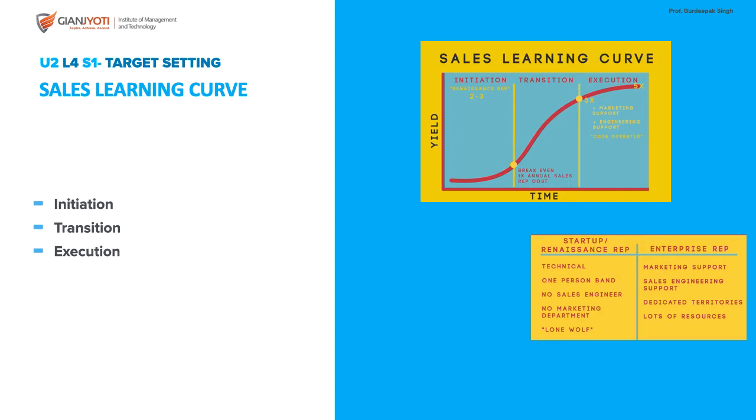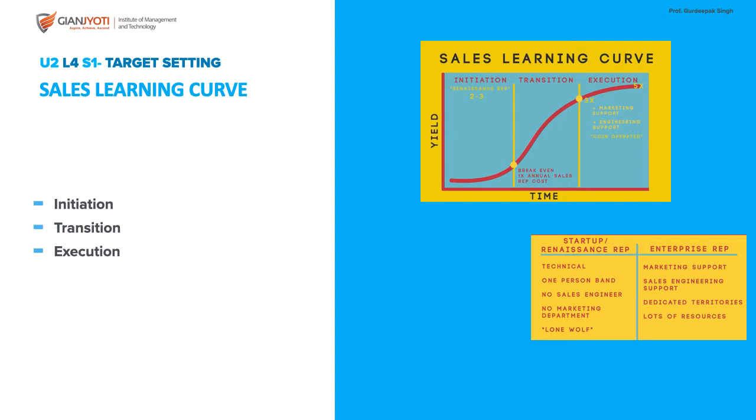You have a sales engineering support, that is the analytics. Then the dedicated territories are given to different sales teams. In a way, you get a lot of resources during the execution phase. So this is how your sales learning curve moves, and you start with the Renaissance rep to someone who is the chief sales officer, and then you have dedicated sales teams working in different territories.